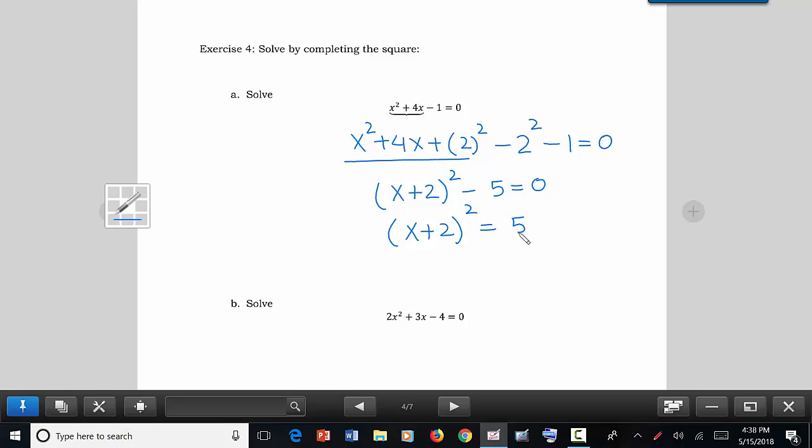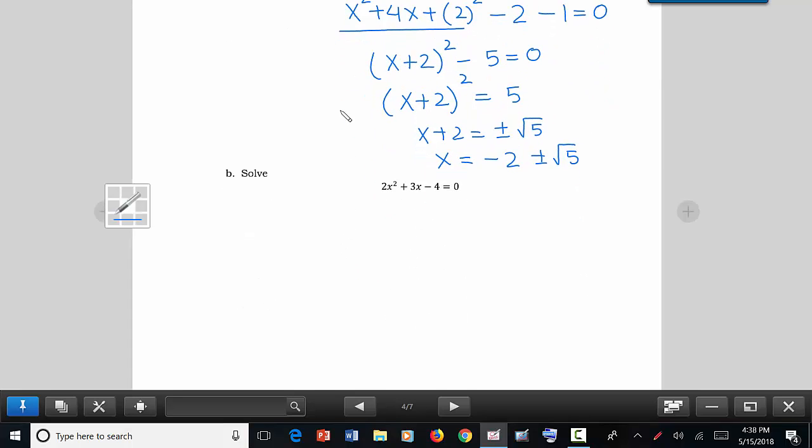That is 5. So x plus 2 equals 2 options, plus or minus square root of 5. But we are solving for x, so we subtract 2 from both sides. That gives x equals negative 2 plus or minus square root of 5. That's how we can solve an equation by completing the square.